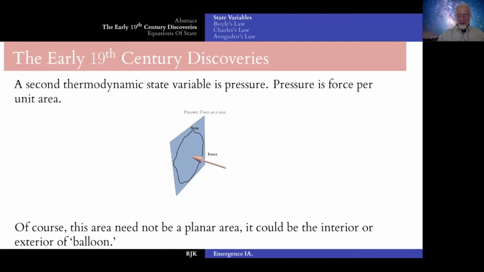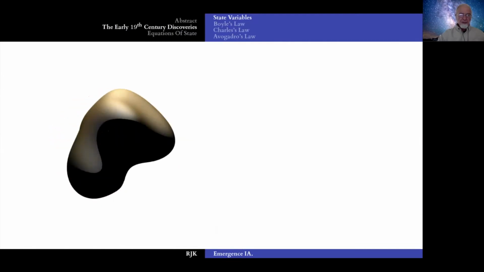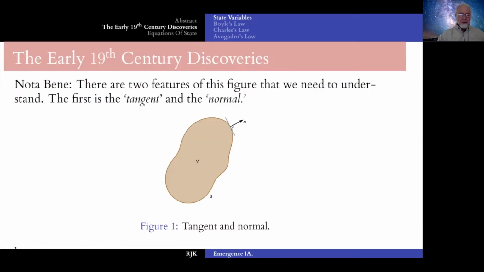It could be the interior or exterior of a balloon. So here's a balloon that I have bouncing around, and that would work just as well. So we need to understand a little bit about how the pressure works.